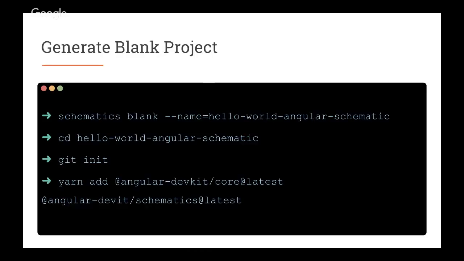Once we install the Schematic CLI, we will have access to this schematics alias, so we can call schematics blank. Blank is a schematic that's provided by this CLI that we just installed. That's going to help us generate just a blank schematic. So we call schematics blank and pass the name of our schematic. That will generate it out, similar to what you saw Brian do when he ran his code from earlier.